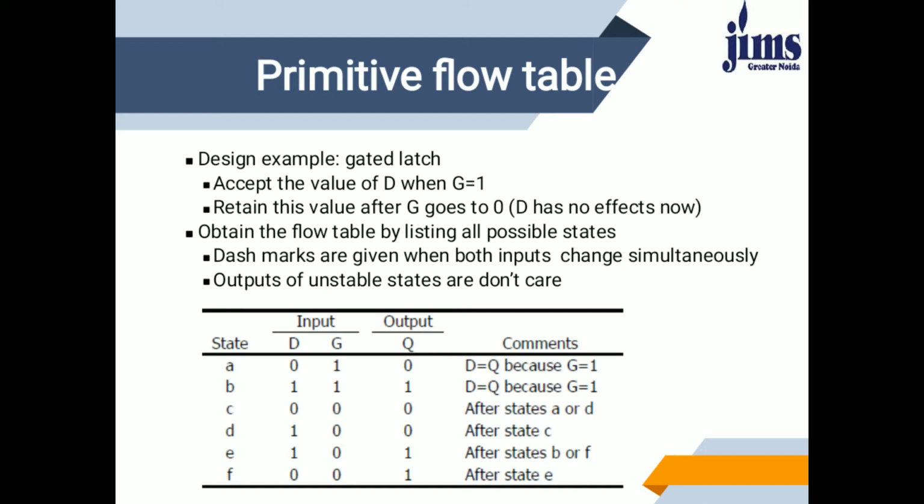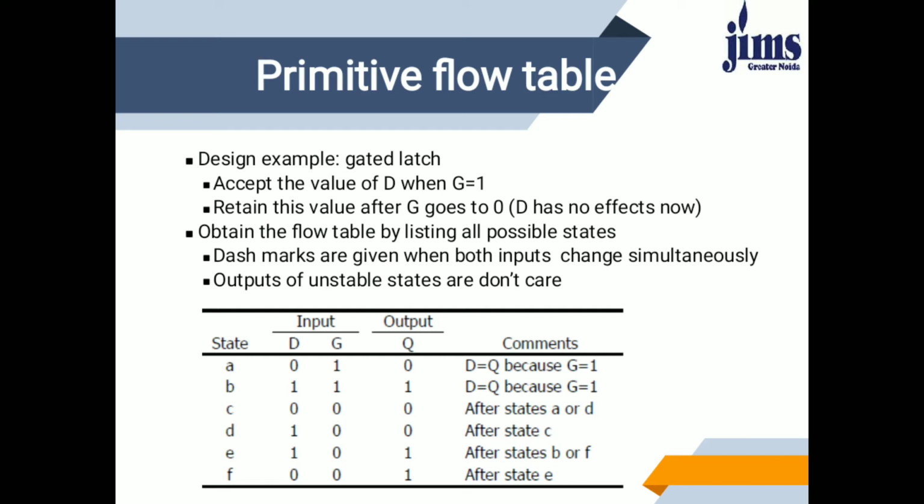Otherwise, outputs of unstable states are considered as don't care. Here a total of 6 states are used, from A to F, and inputs D and G are used. Here 0, 1, 1, 1, 0, 0, 1, 0, 1, 0, 0, 0 are the inputs, and outputs are defined accordingly.